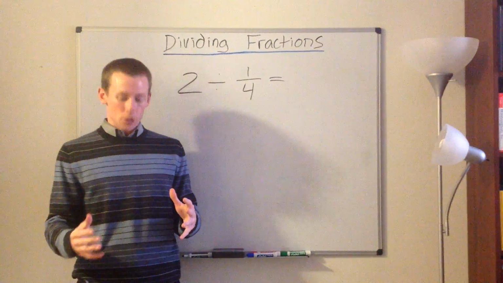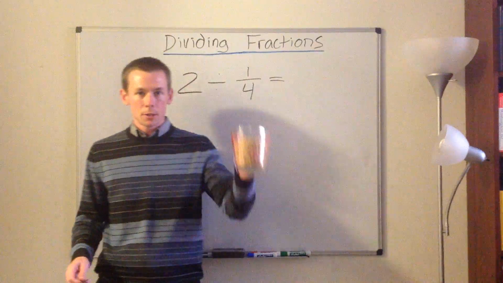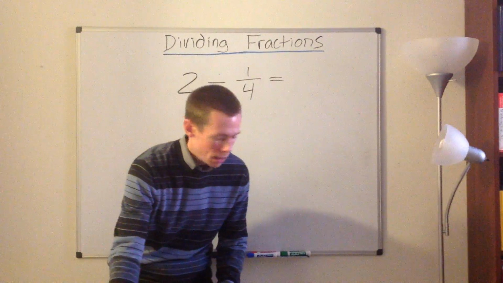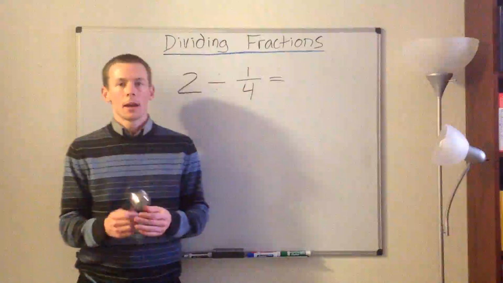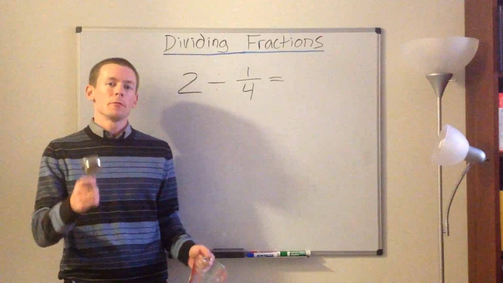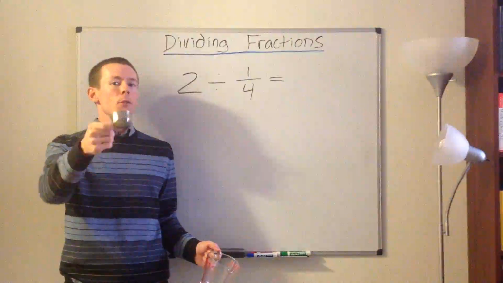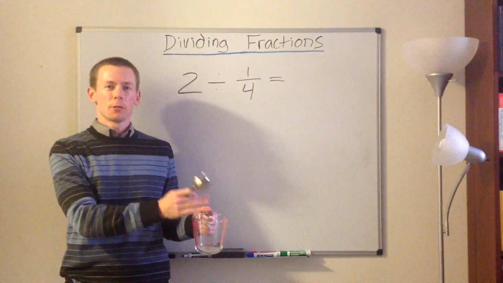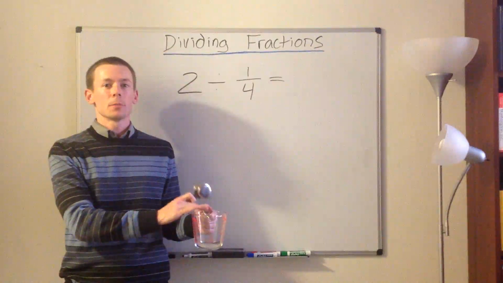Okay, now I'm going to show it to you visually. I'm going to pour this back into the big bowl, put my 1/2 away, and use my 1/4. So 2 divided by 1/4. In other words, how many 1/4 scoops are needed to go into 2 cups, to fill up this device that goes up to 2 cups.